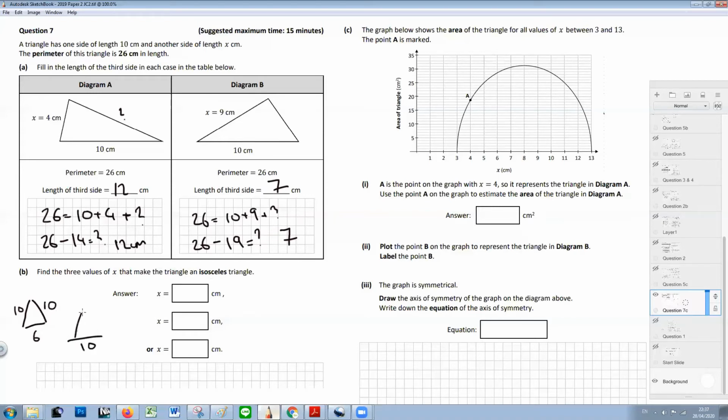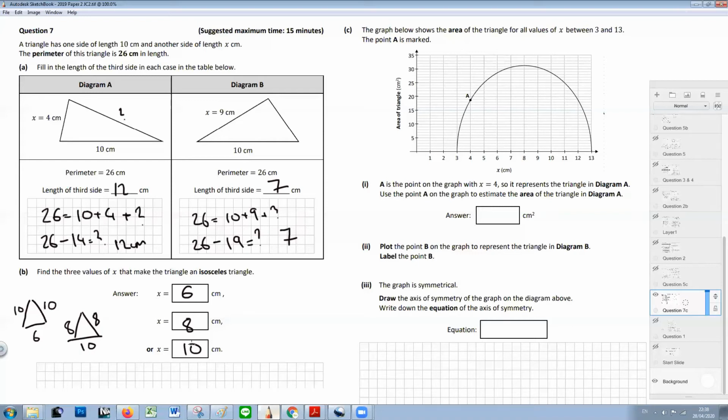Well, that was going to give me 2 equal sides of 8 and 8 because 26 minus 10 is going to be 16. And I would need to have 2 sides of equal length to be 8 and 8. So it's going to be 6, 8, and 10. So it's important just to know your isosceles triangle, the laws that govern it, and as long as you can figure that out, this bit should be pretty easy.